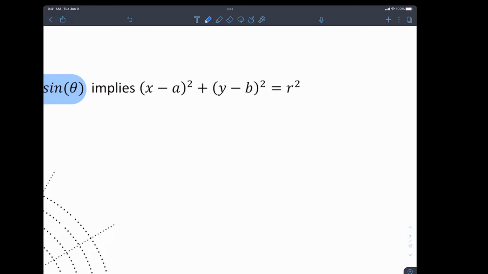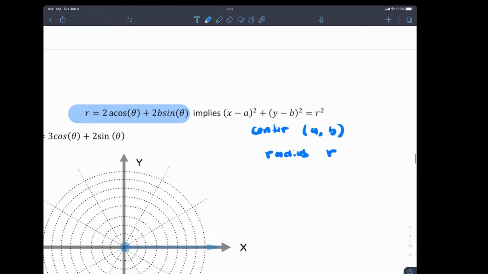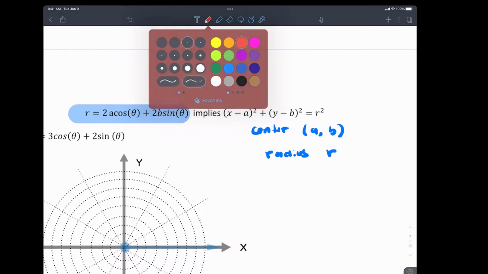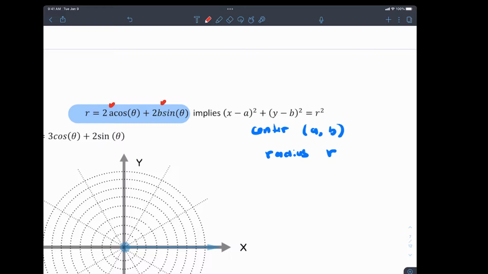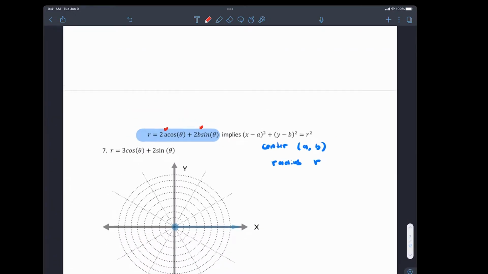Your center is going to be here at A and B. Radius is R. So this gives you your center, by the way. So you got circles 7 and 8.